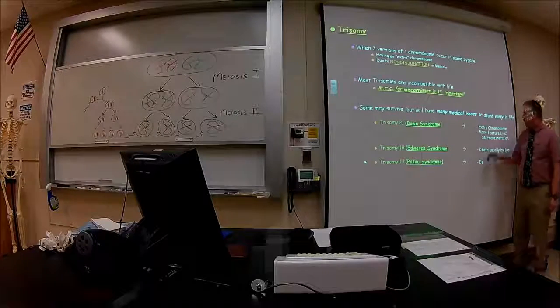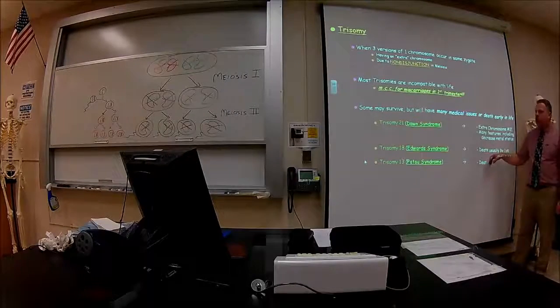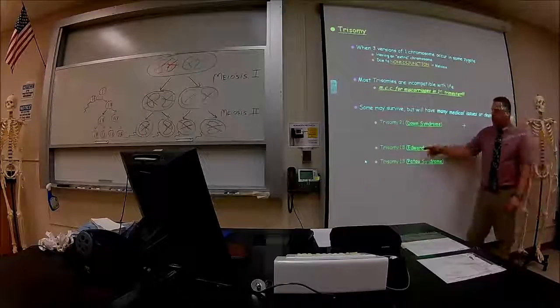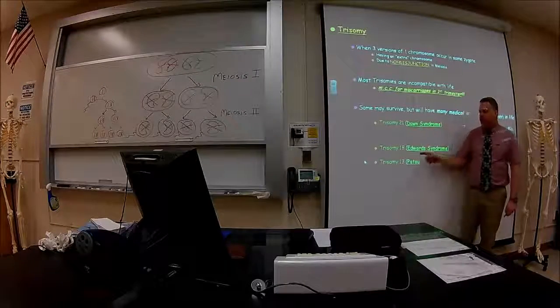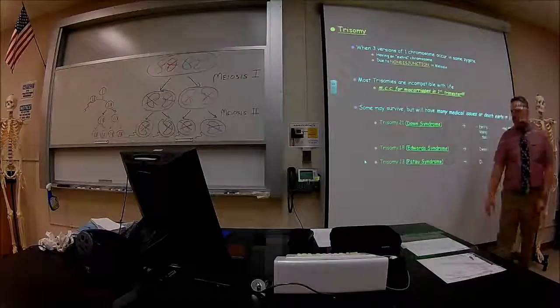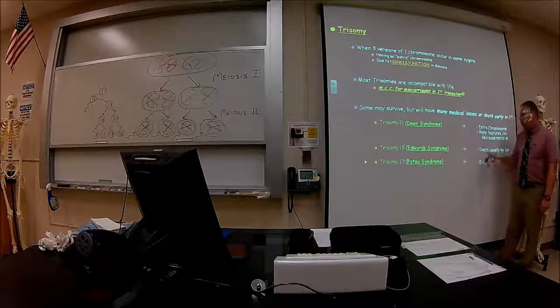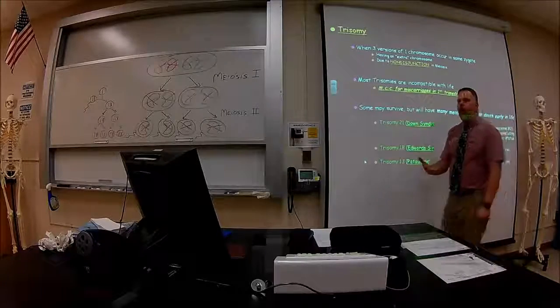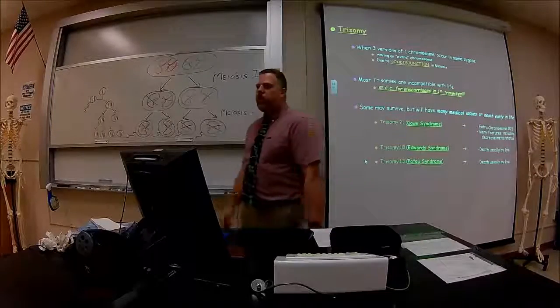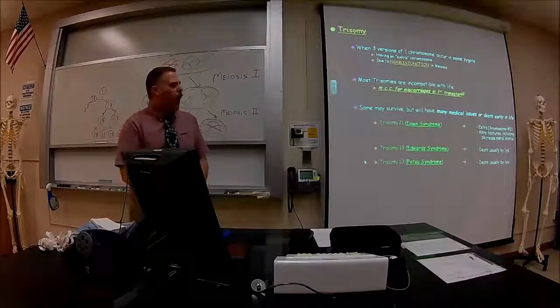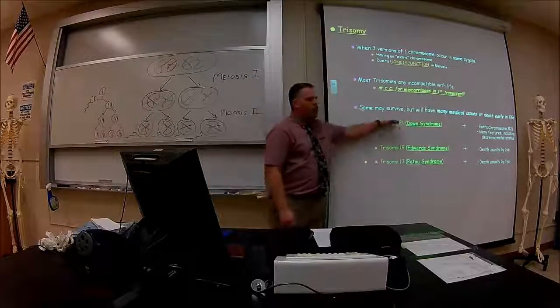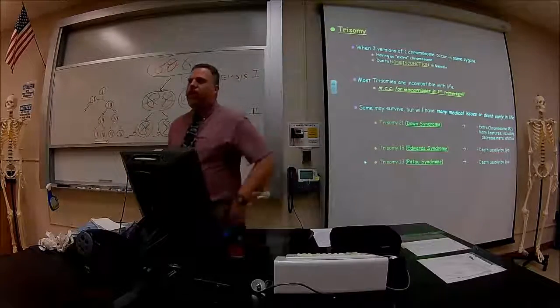Okay? You have the extra chromosome, many different features. The other 2 that are pretty common is trisomy 18, which is called Edwards syndrome, and trisomy 13, which is Patau syndrome. Usually they have, if they do survive, they only last for about 1 year old, and that's about it. Okay? I won't ask you about these different things here. I would ask you, what is trisomy?